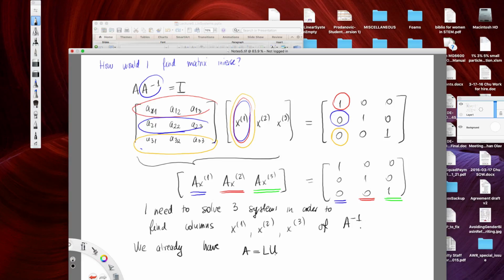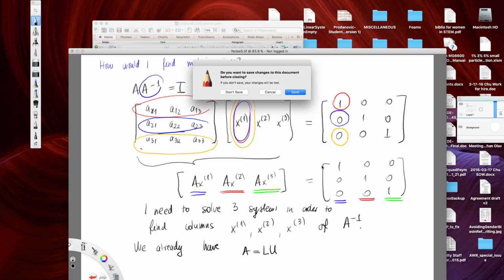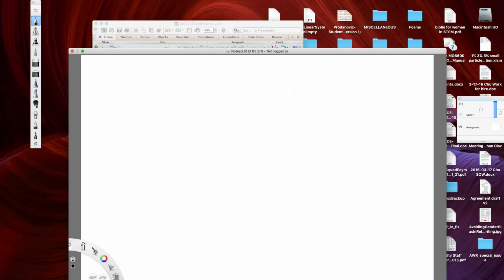Now all I need to do to find x1, x2, x3, these column vectors, is solve.